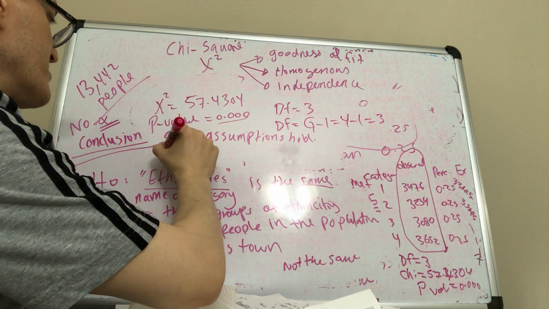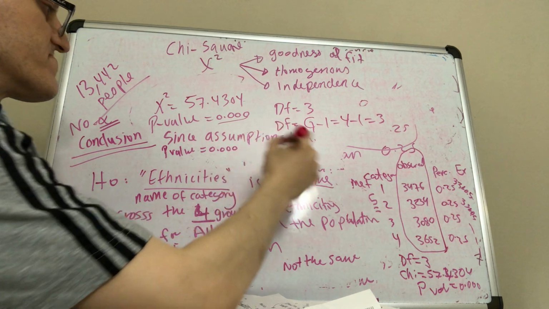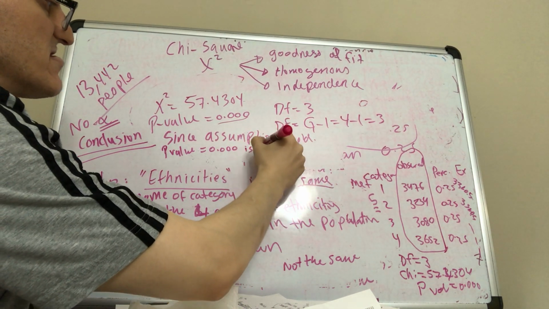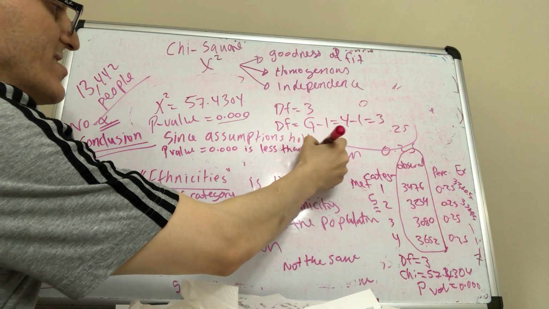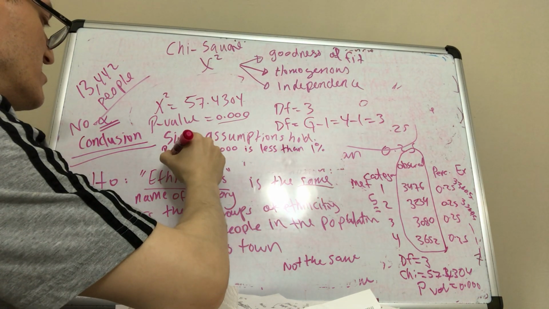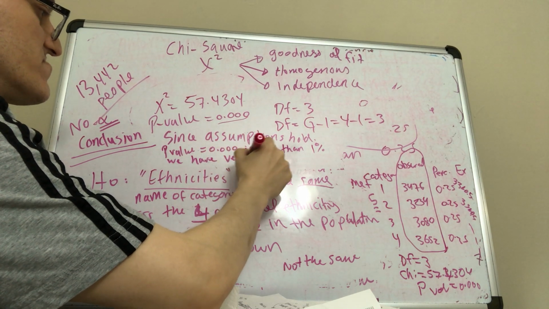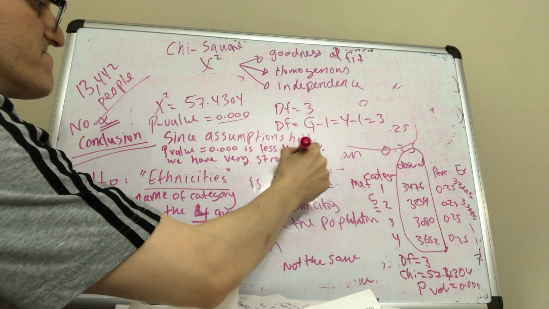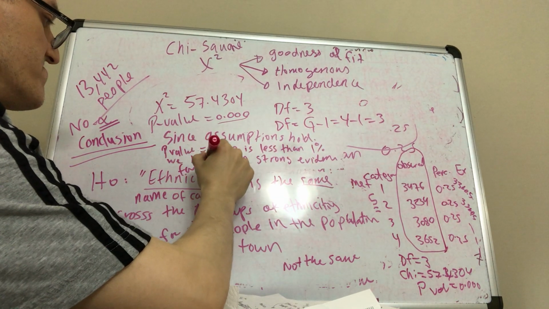So you say the p-value is less than 1%. We have very strong evidence for HA.